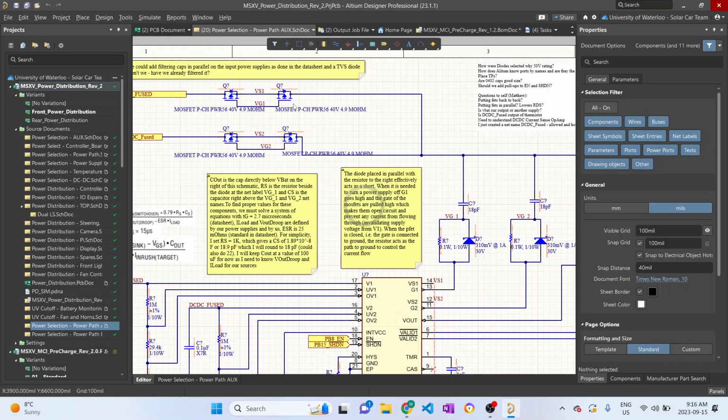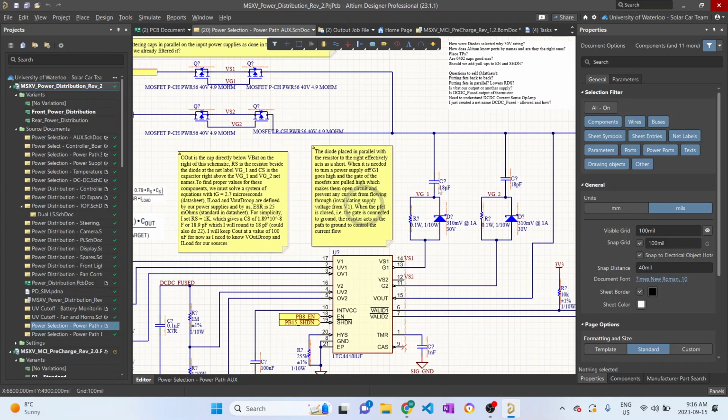When we want to turn the PFET off, we supply voltage to the gates relative to the source. So it goes through this diode, which acts as a short, so we can turn off the voltage supply pretty quickly that way. And you might be wondering what this capacitor is for.